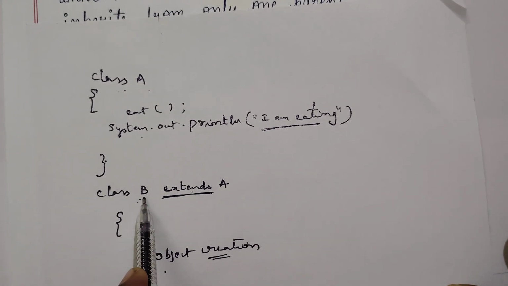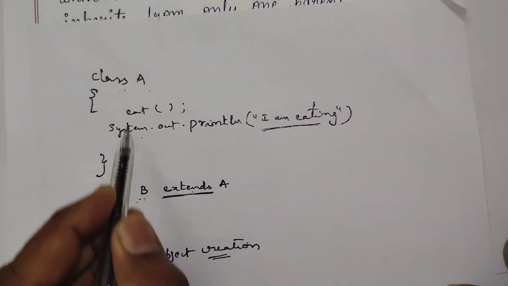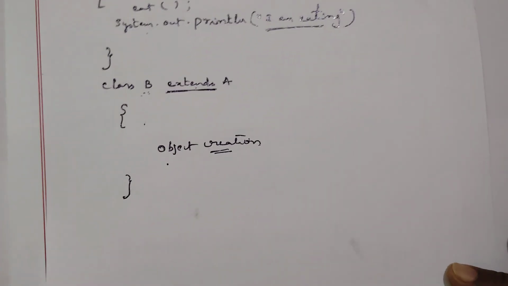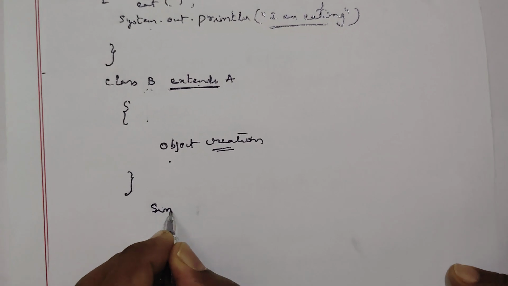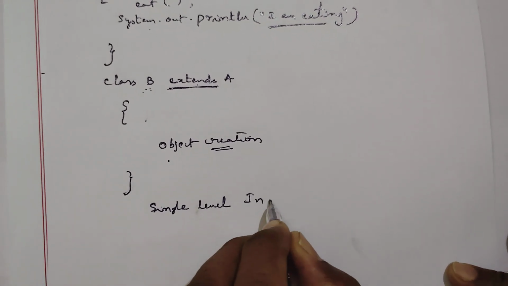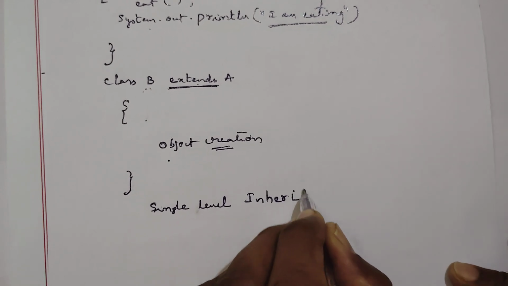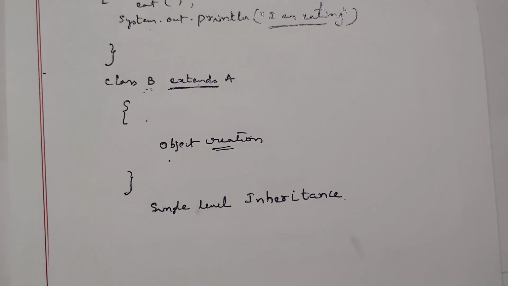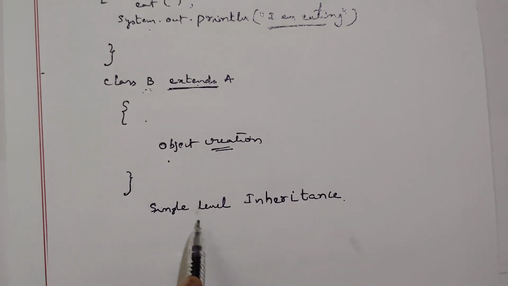The class B having the relationship with the class A. That's why it comes under the category of single level inheritance. Single level inheritance means one-to-one relationship. One-to-one means one parent, one child, or one superclass, one subclass.